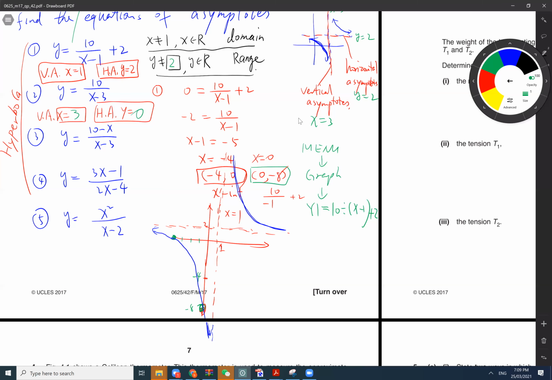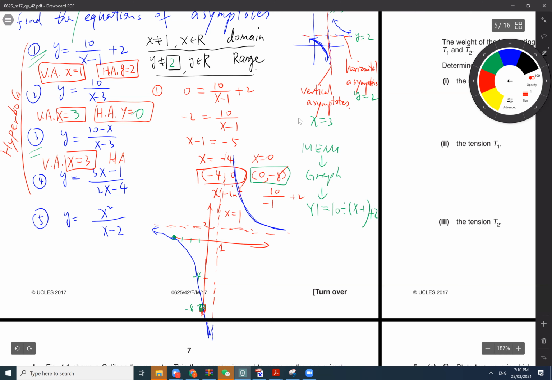Yeah, we don't need to sketch it. If you know how to sketch number 1, of course, number 2, okay. Let's do number 3. Vertical asymptotes, x equals 3. Good.